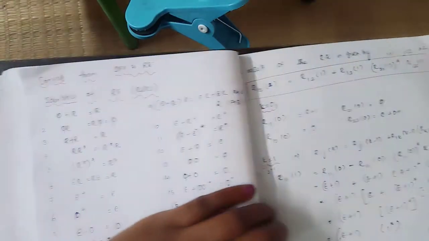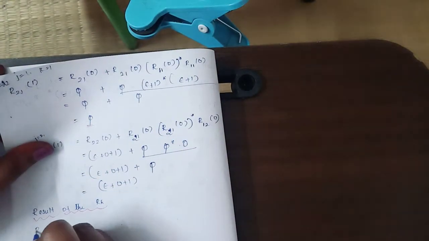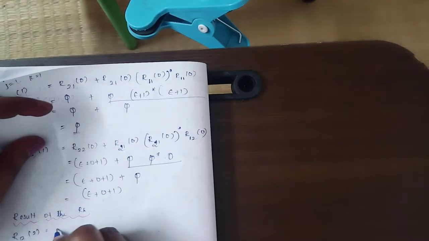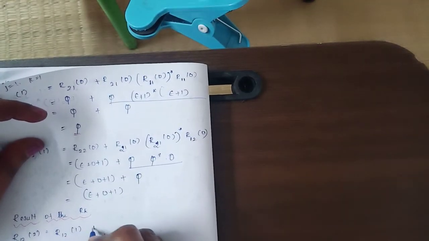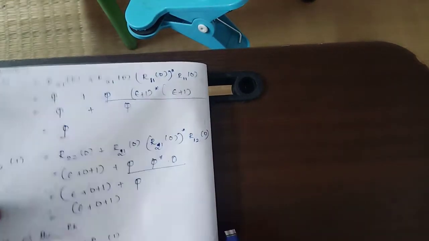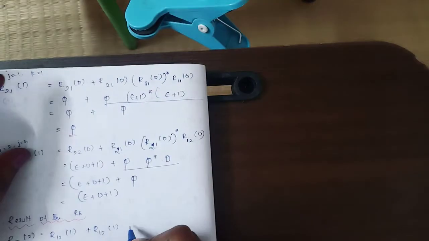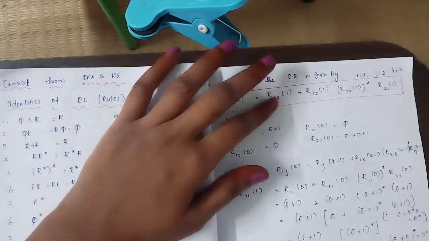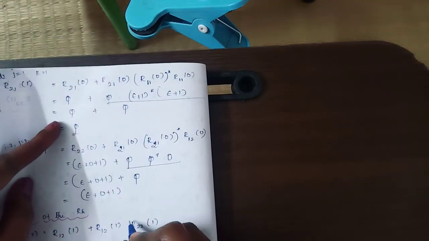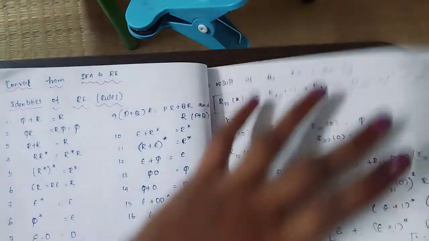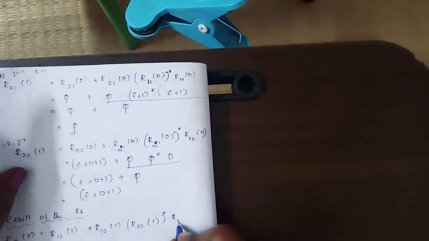So take this result from there. So r12 of 2 equals, just refer to it, r12 of 1 plus r12 of 1, r22 of 1 the whole closure, and r12 of 1.